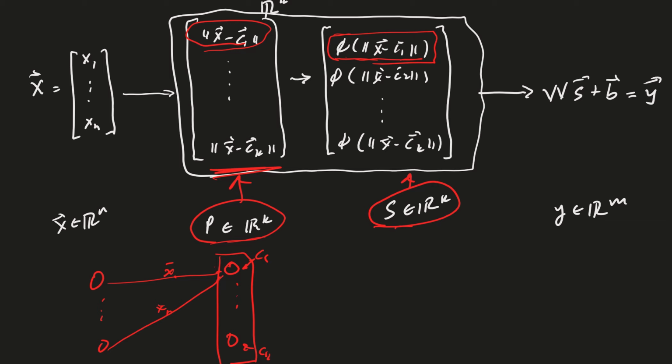Okay, and then finally we take our vector that's in Rk and we map it to Rm, right? So that means we're doing an affine map here at the output. And so what's the size of the matrix W?